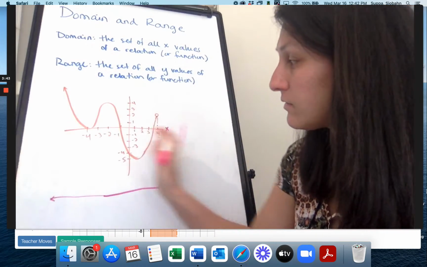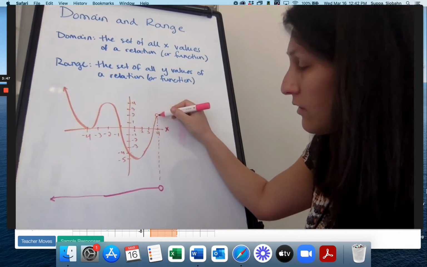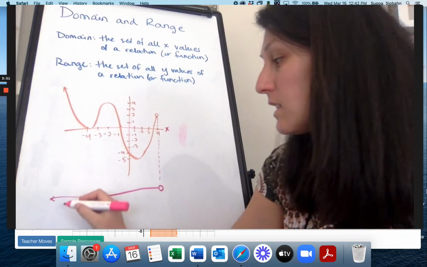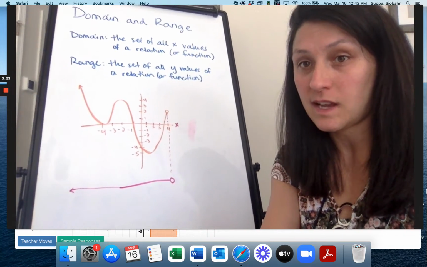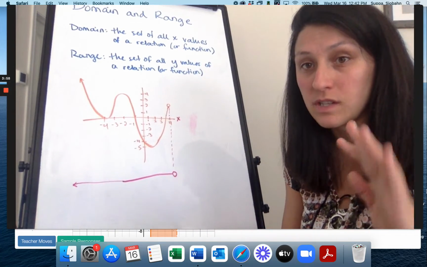So the domain of this entire function is every number that is less than 4. Every number that's less than 4. I'm going to say that three different ways. I'm going to say it in English, then I'm going to use inequality notation, and then I will use interval notation.